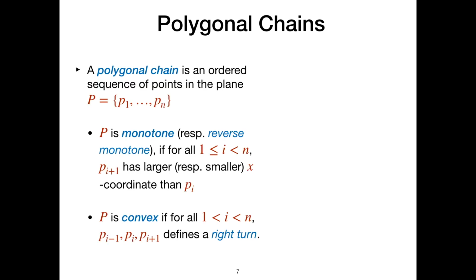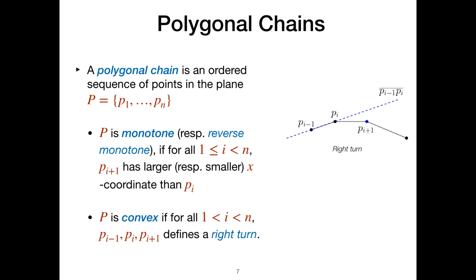We define a polygonal chain as an ordered sequence of points in the plane, denoted as P. P is monotone if for all i from 1 to n, Pi plus 1 has larger x coordinate than Pi. Respectively, we can define reverse monotone. P is convex if for all i from 1 to n, three consecutive points Pi minus 1, Pi, and Pi plus 1 define a right turn.